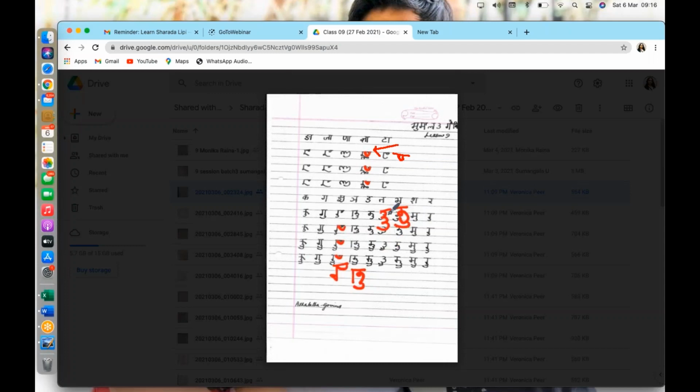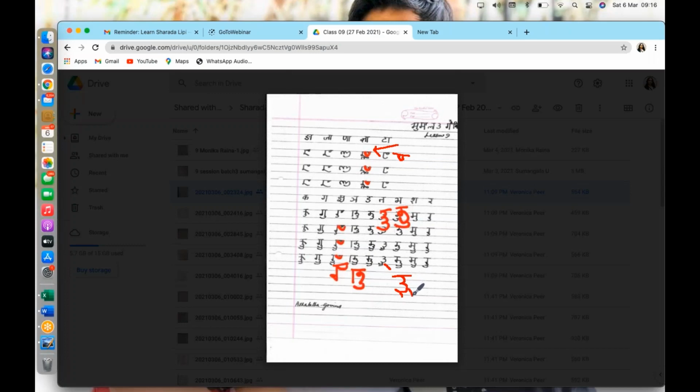Another, in case of the two letter, when we draw two, the matra would start slightly on the side. Here, if you see the original assignment, the matra is joined here, whereas it is not to be joined here, it is to be joined slightly on this side.